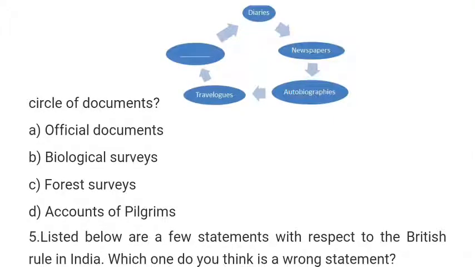Say for example, Hiuen Tsang, the Chinese traveler who visited India. His writing is considered a document to study the Mauryan dynasty and other dynasties. Similarly, for this question, official documents or accounts of pilgrims can be taken into consideration.